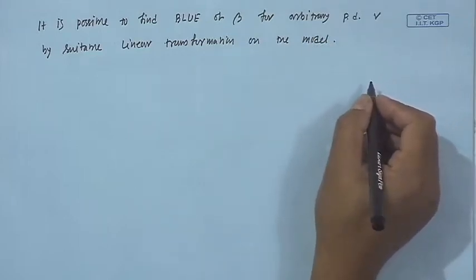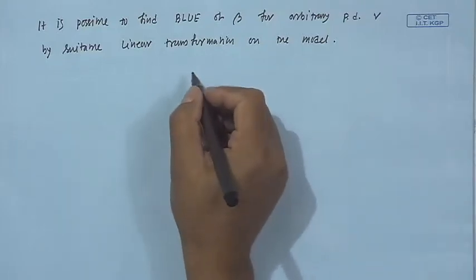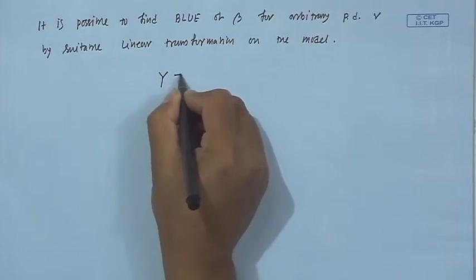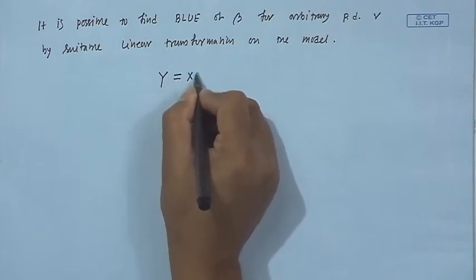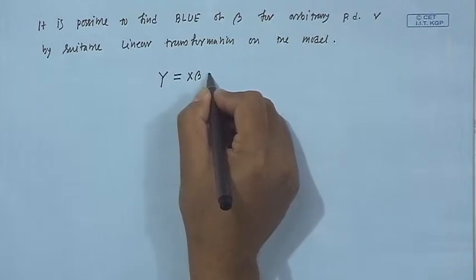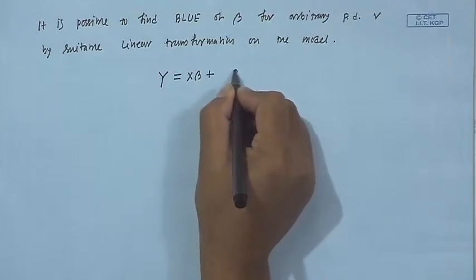Okay, so, what we do is that we have this model at this moment, multiple linear regression model y equal to X beta plus epsilon.